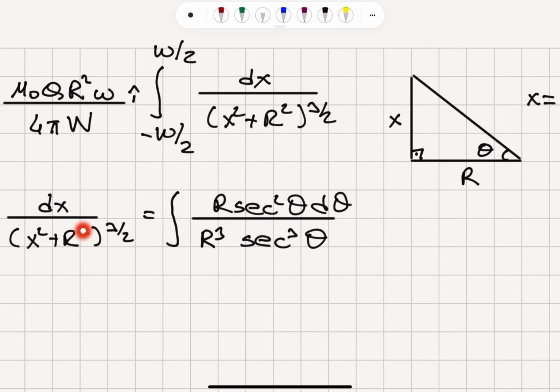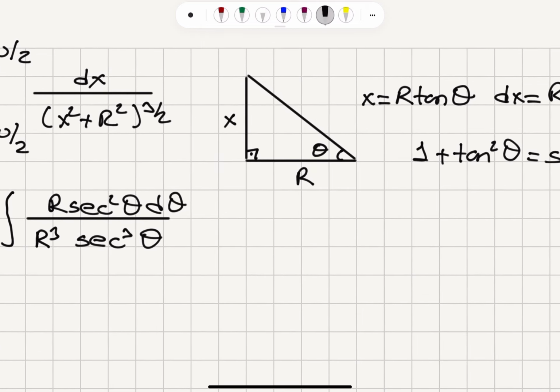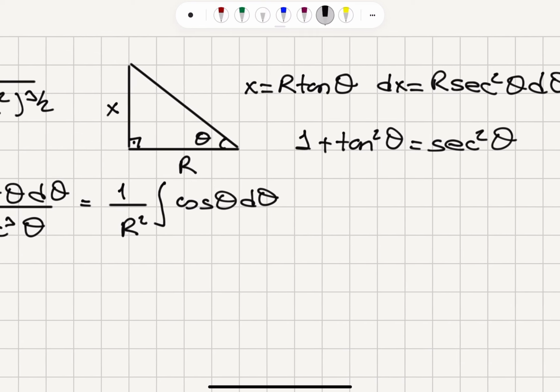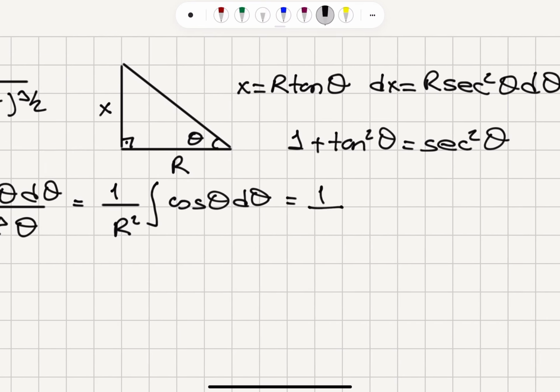Okay, so if it is secant squared, the squared and the 1/2 will cancel. I will be left with secant cubed theta. So this will be 1 over capital R squared integral of 1 over secant, which is cosine theta d theta, which is 1 over capital R squared sine theta.